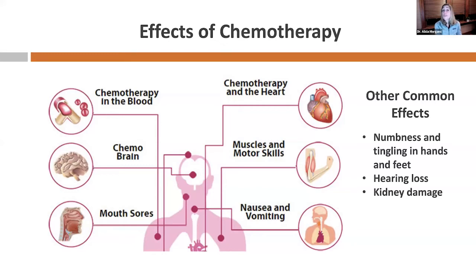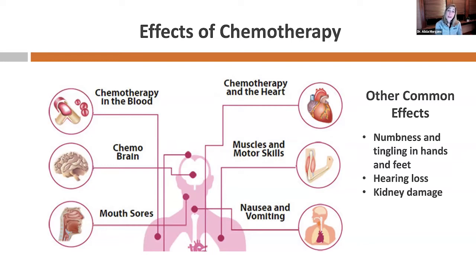It's not really targeted. Doesn't choose where it goes. It goes everywhere. And because it does that, it can cause low blood counts, like white blood cells that protect our bodies from infection, or red blood cells that carry oxygen to all of our organs. And chemotherapy can damage those and make it harder for our bodies to do the normal things that they do with the blood that they normally have.